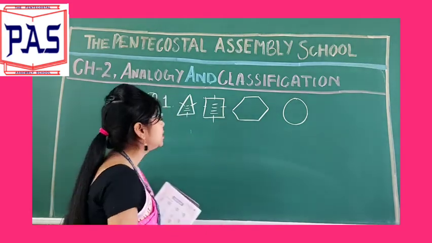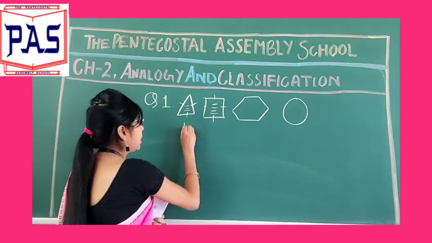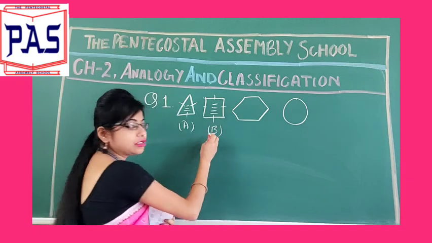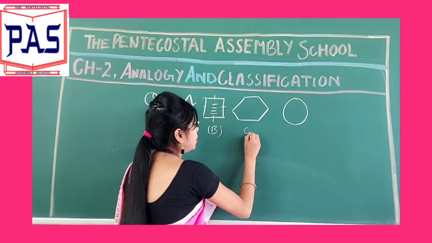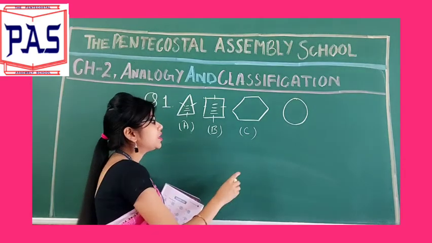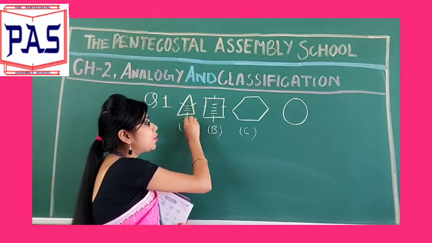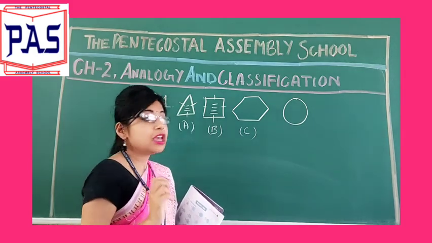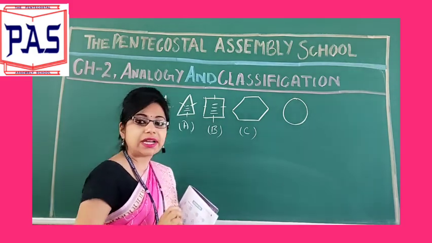In figure A, the triangle, figure B, the square, and figure C, the hexagon, the outer boundaries are made up of lines. It means they have sides.